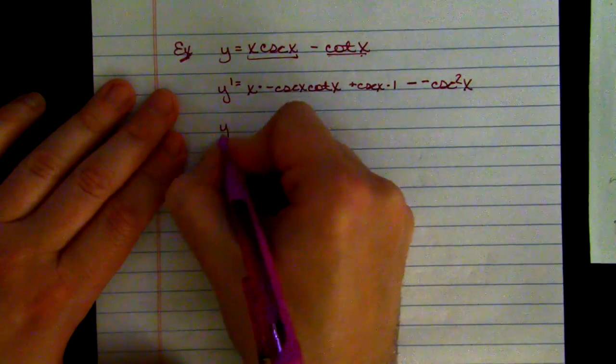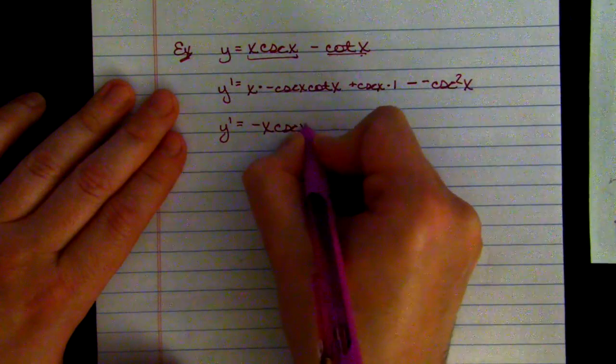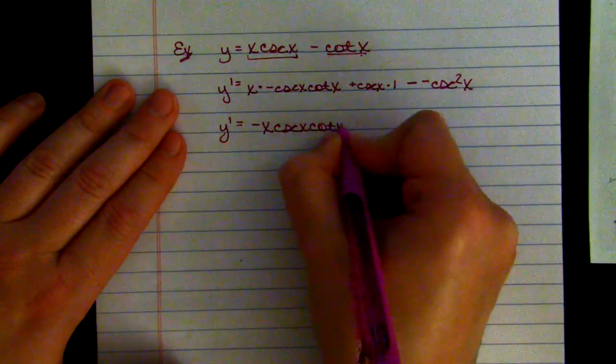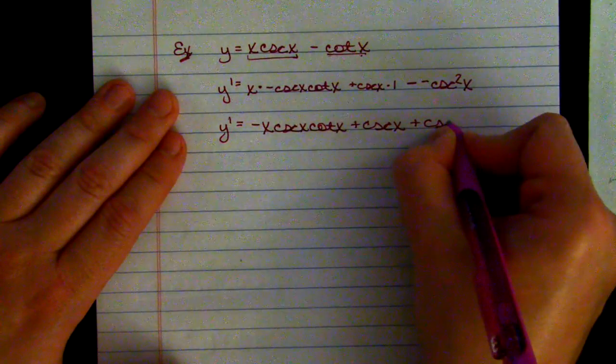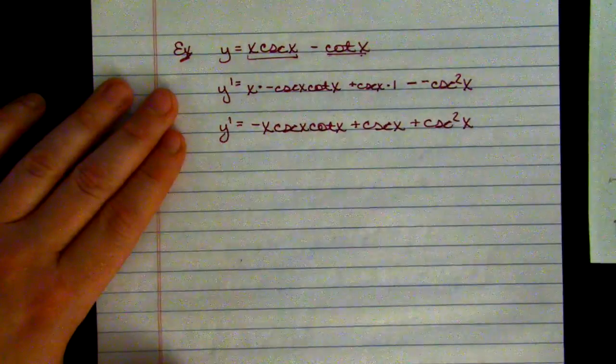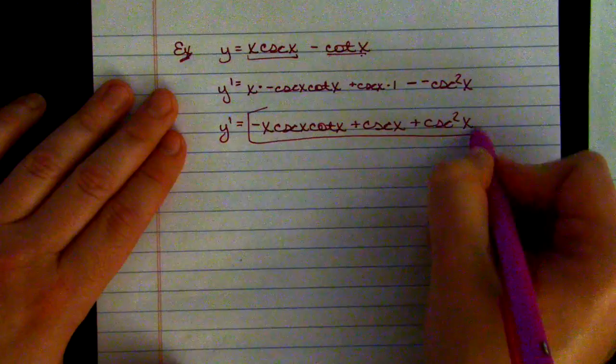Do need to clean this up a little bit. Y prime equals negative x cosecant x cotangent x plus cosecant x plus cosecant squared x. Guess I could do some factoring. Whatever. I think that's good enough.